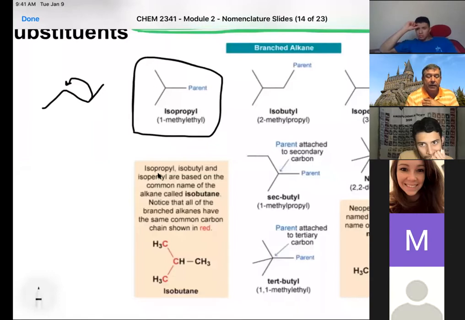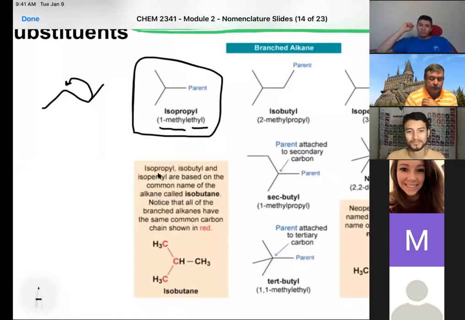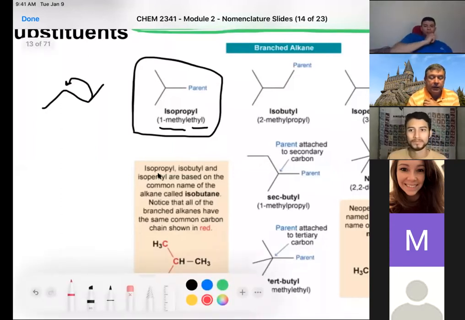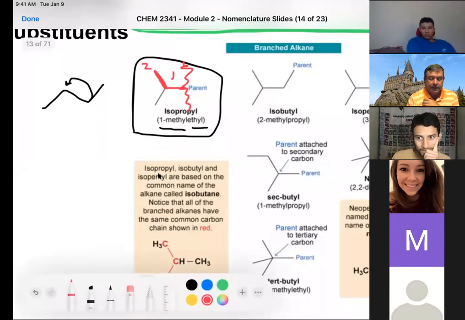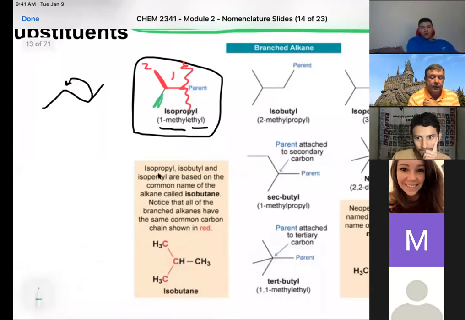But the IUPAC name would be 1-methylethyl because the longest chain is these 2 carbons here. And because this is where your parent is, this is going to be your number 1 carbon, that's going to be your number 2 carbon, and this methyl substituent is hanging off that. And so it's on the 1 carbon of the substituent, giving it the 1-methylethyl as its name, okay?